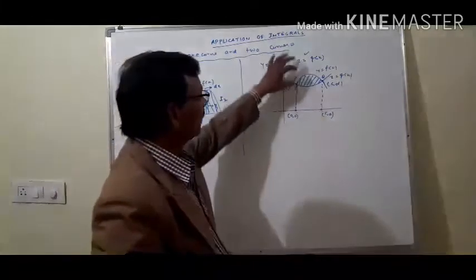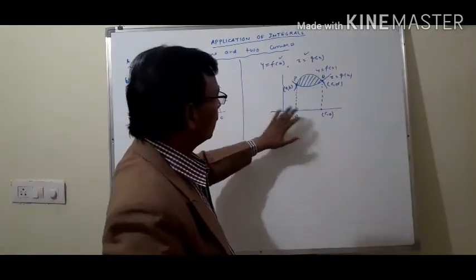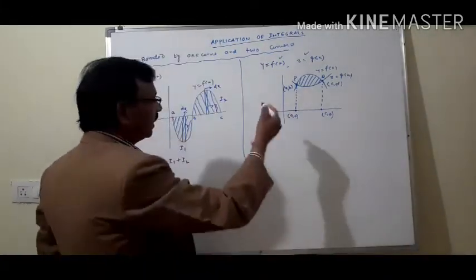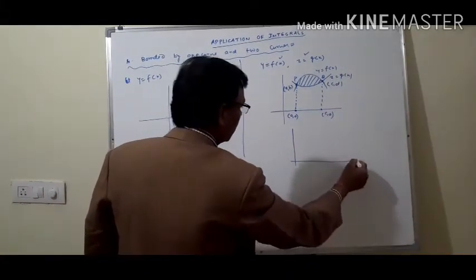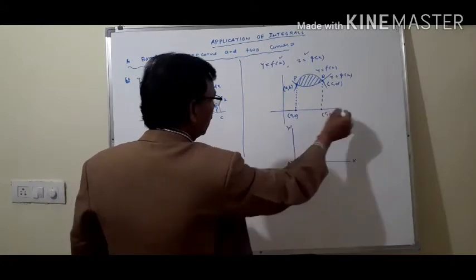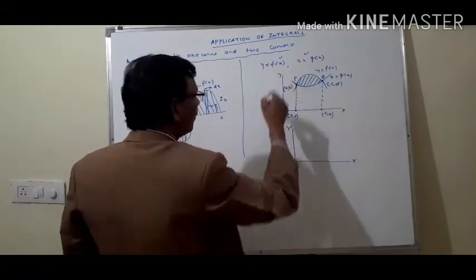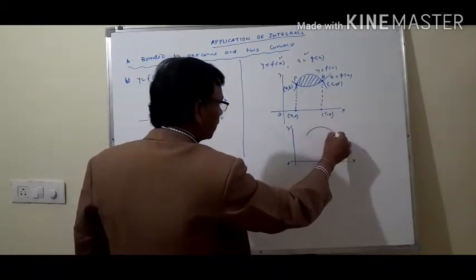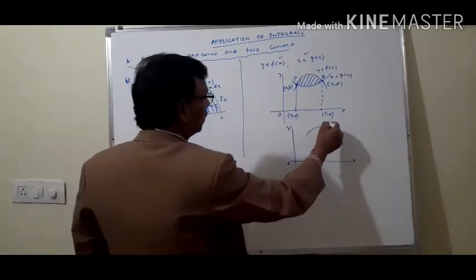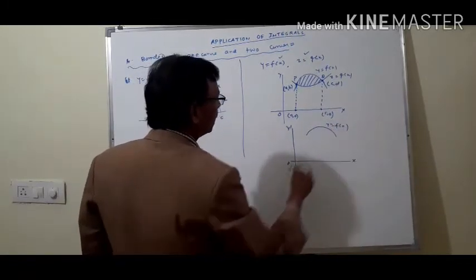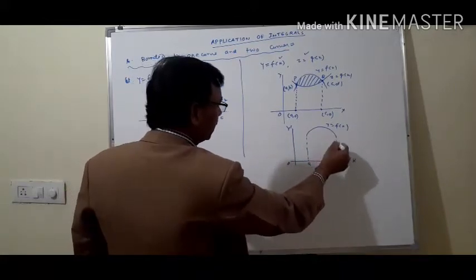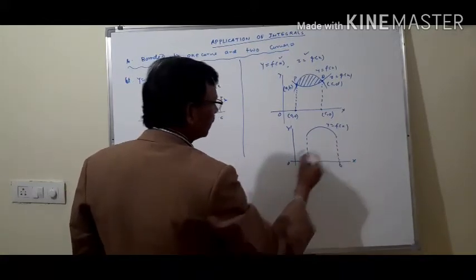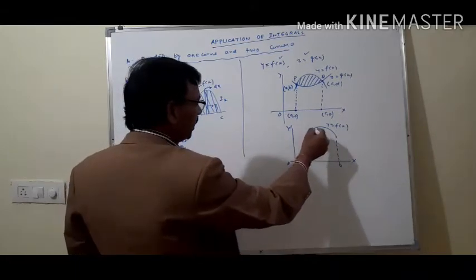Now we want to find the area of this bounded region. For this, we draw x, O, y coordinates and take only one curve, y equal to f of x. As you see here, this point is A and this point is B. Then we find the area bounded by this curve.